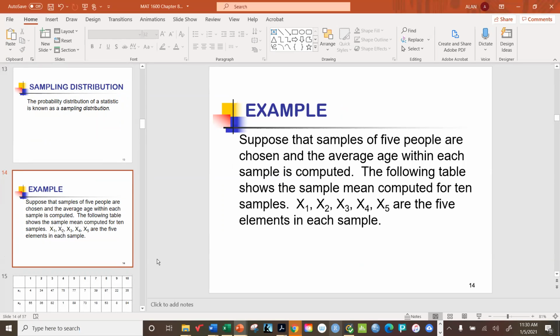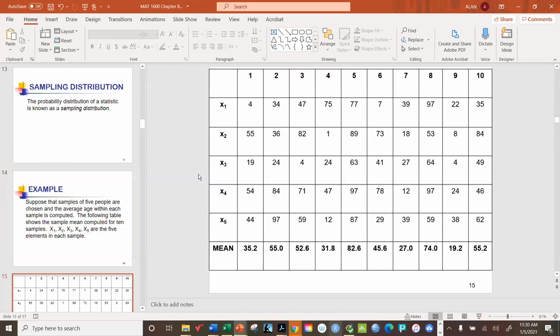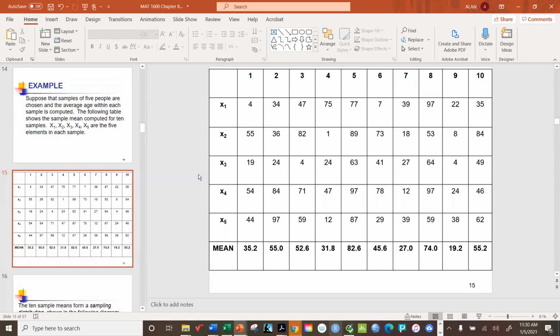All right, so here's an example. What if I pick 5 people at the mall again, and I write down their ages? So here we go. This is the result of my hard work today. I went down to the mall and I chose 10 samples of 5 people each. Each person is identified as either X1, 2, 3, 4, or 5. I want to keep this anonymous. Let's say I don't have their actual names.